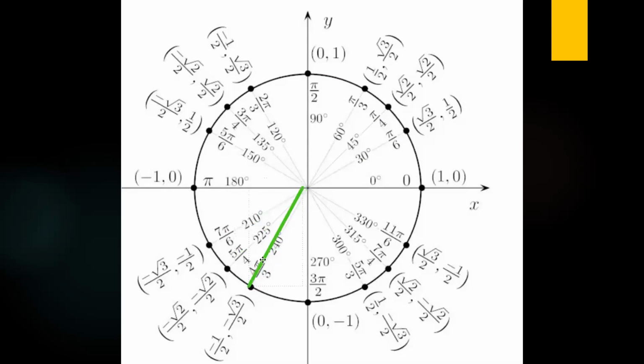It is the same as 150, 120, and 60. As you see now, the measure of the angle between the x-axis and 60 is 60, and the measure from the negative x-axis to 120 is also 60.